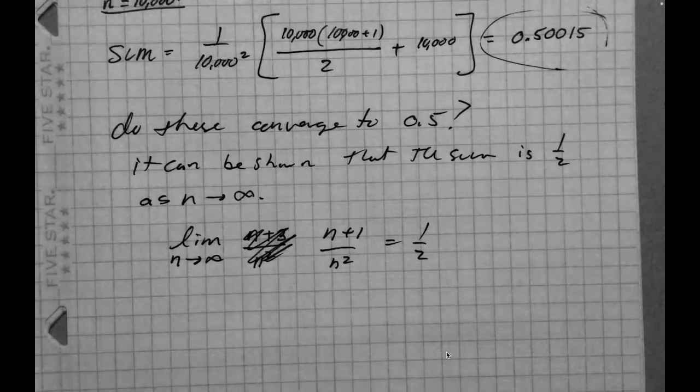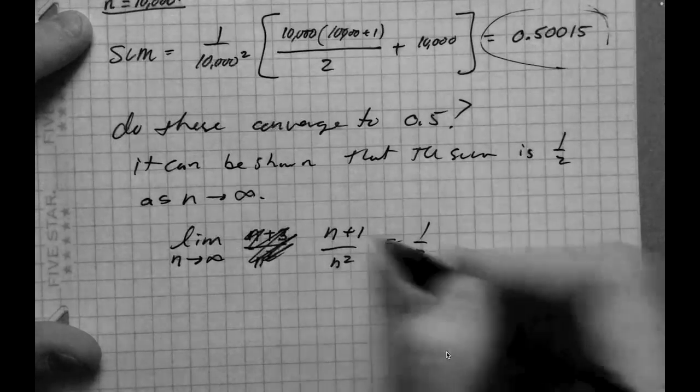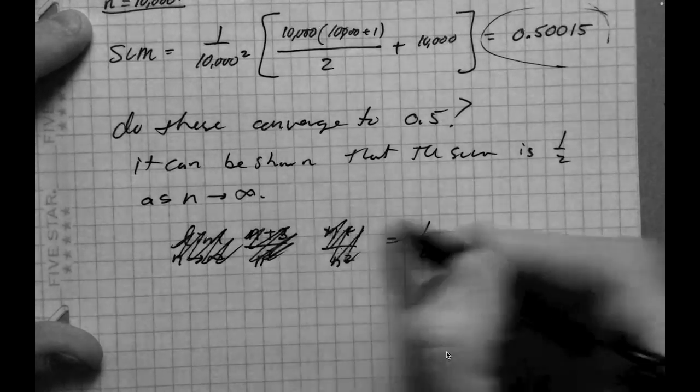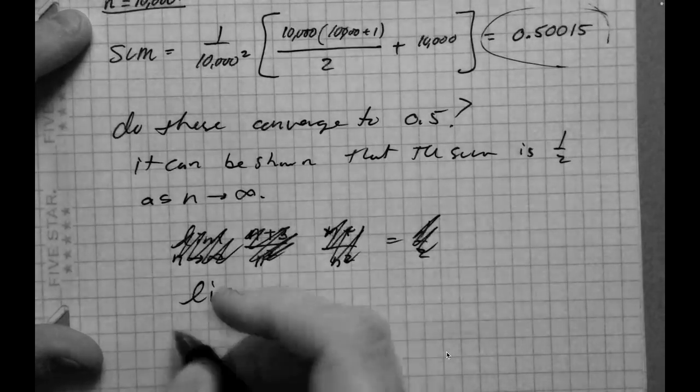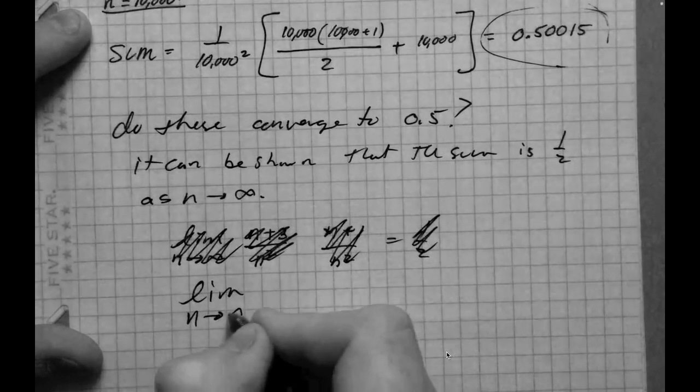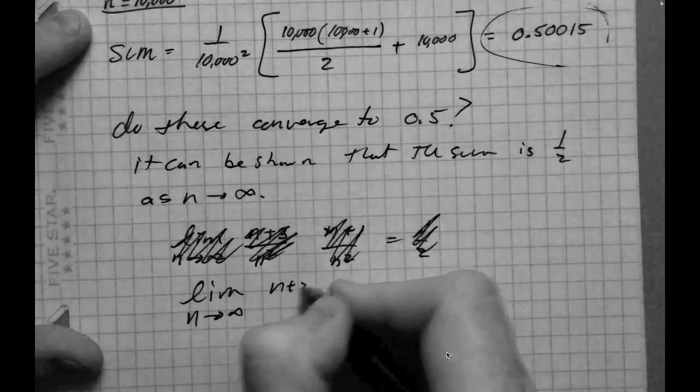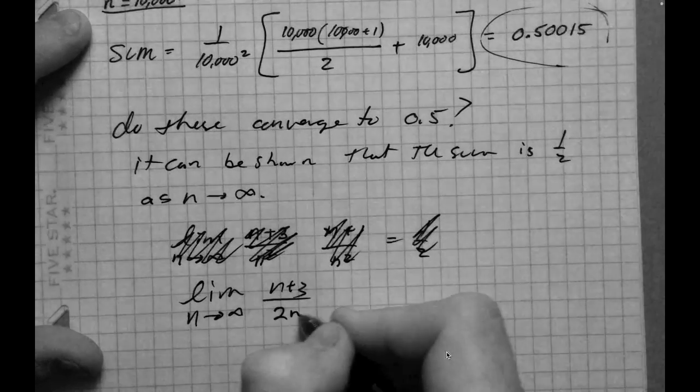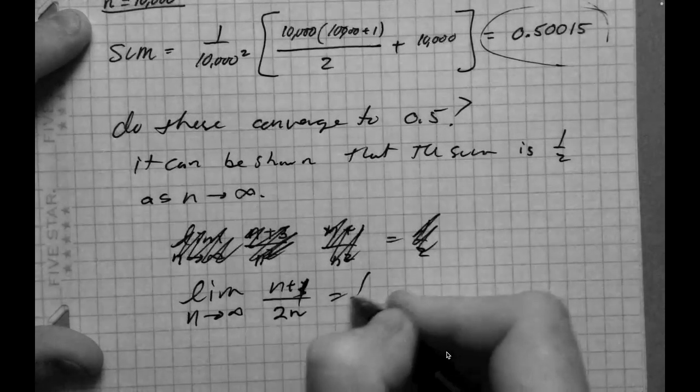Actually, I'm wrong here. I miswrote that. So this one is actually the limit as n goes to infinity of n plus 1 over 2n, and that's 1/2.